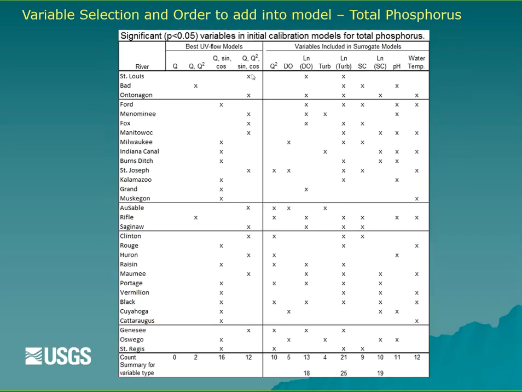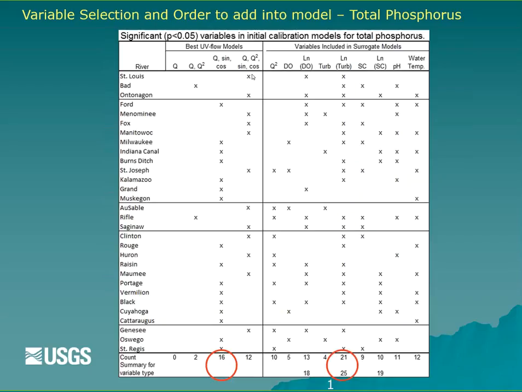So for right now, even though we looked at flow squared terms, we didn't include any of those, but as we have more data, more years of data, we might re-examine these and add the flow squared term into these, especially for things like nitrate. So when we looked at those different forms, the form of the model that was the most consistent across all the sites was the one using flow, sine, and cosine. So that was our main model for our flow and UV flow models.